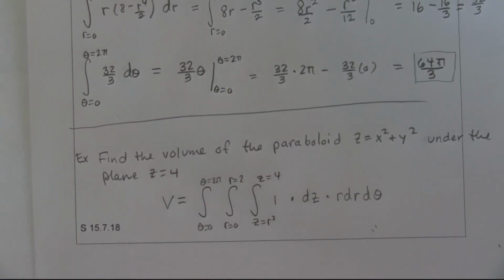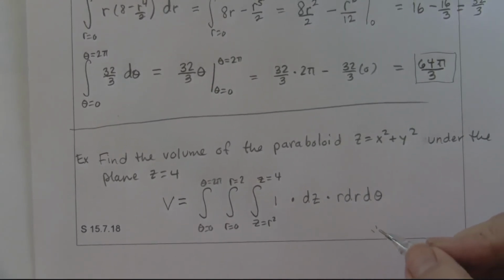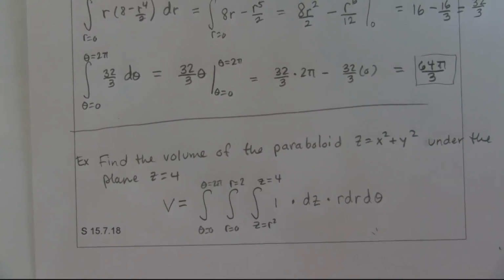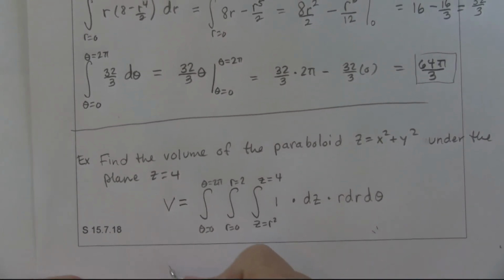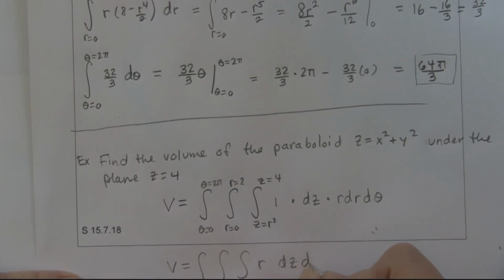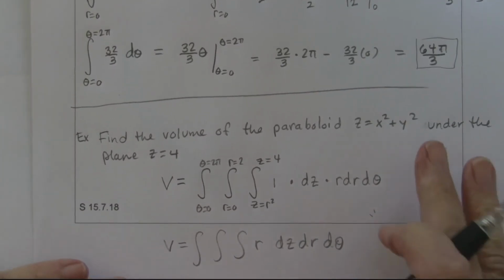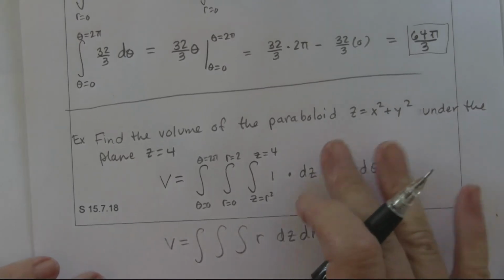So that would be the setup there. And of course, if someone asked you just to set it up, you could say 1 times r is r and have written this volume as this triple integral r dz dr d theta. And that's the order that you do them in when you have these.